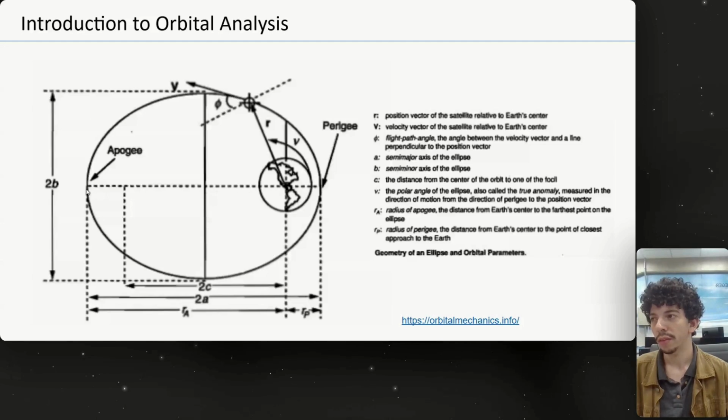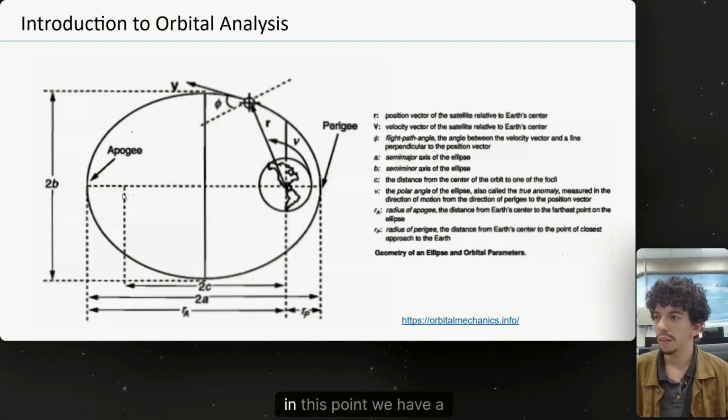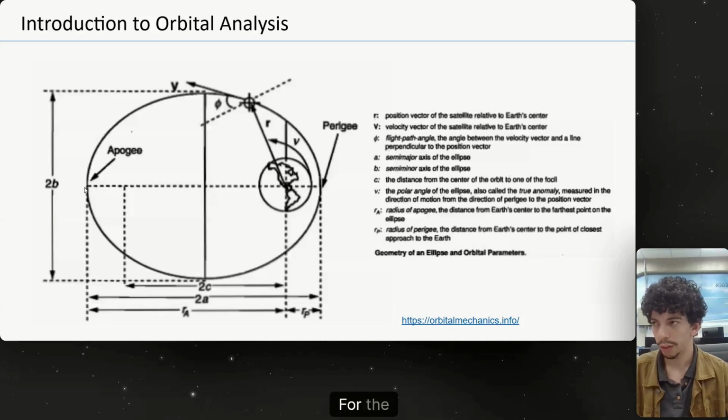At this point, we have an apogee, the shortest distance, and at this point we have the maximum distance of the space vehicle in comparison to the principal body. In this case it is Earth. Perfect.